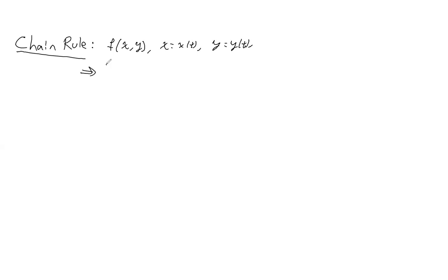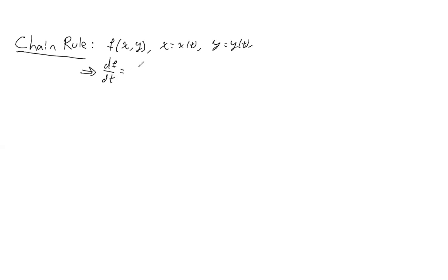So let's start off with the chain rule. So some problems involving the chain rule. And the basic principle here is if you've got some function f, let's call it f(x, y), and you've got x as some function of t and y is some other function of t, then that tells you that really f is a function of t as well.